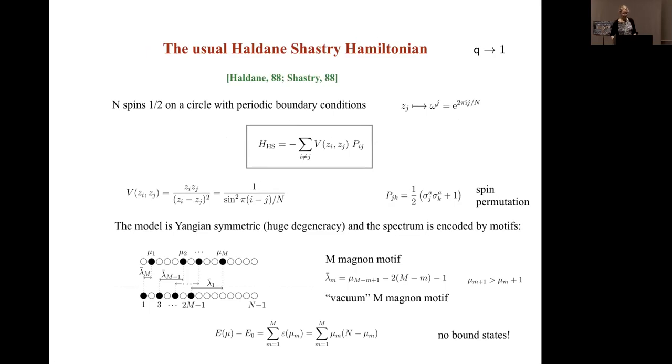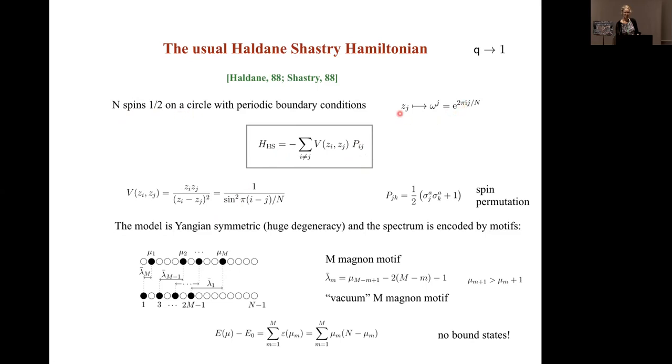Before going to the q-deformation, I will try to explain what the Haldane-Shastry model is, because I suppose that in this community it's not so well known, and it's not so well known in other communities as well. We are talking about a model of n spins on a circle with periodic boundary conditions.